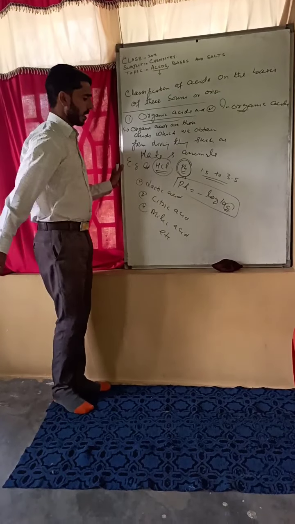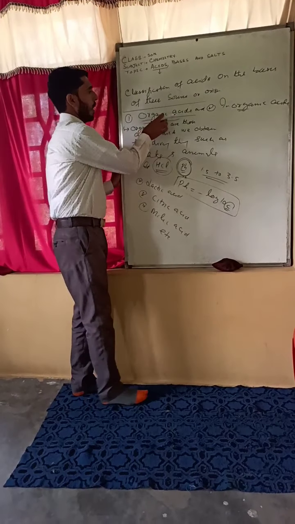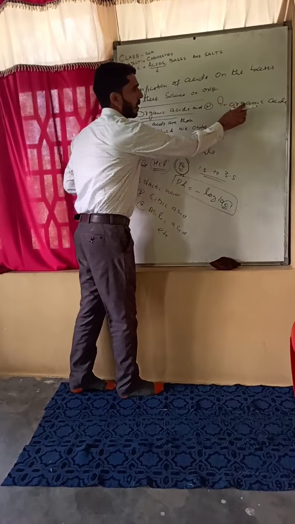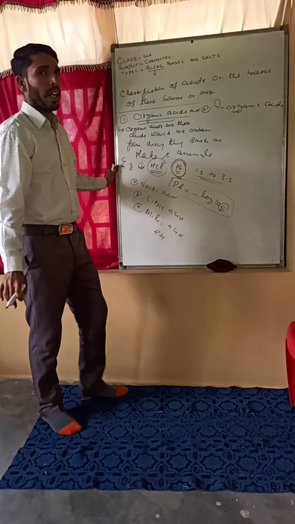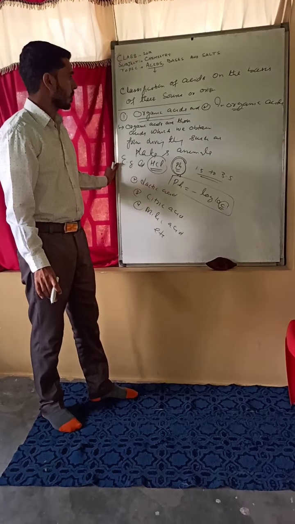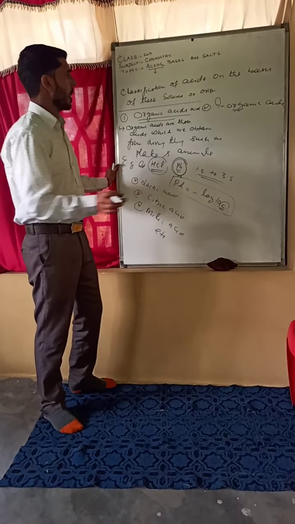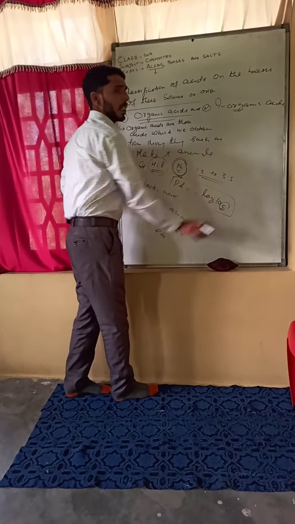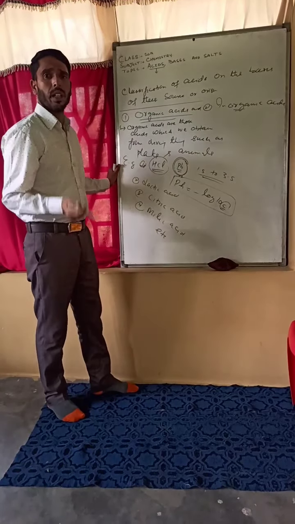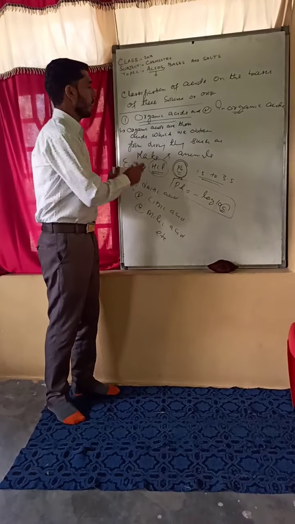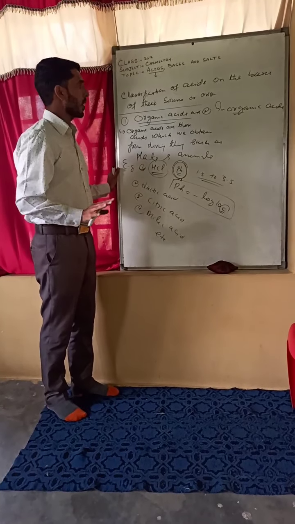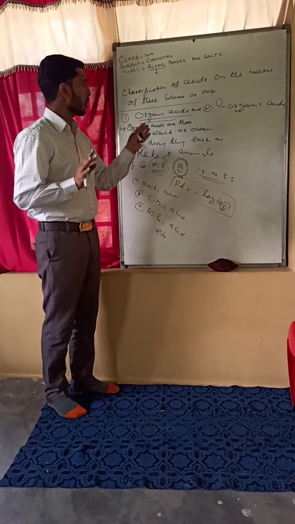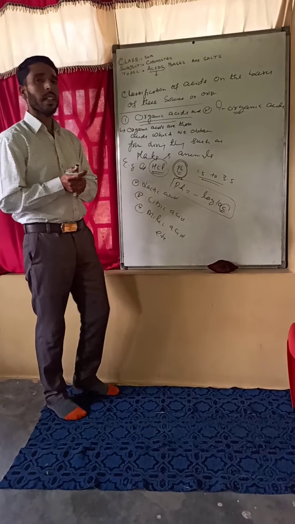And one more thing, whether organic acids or inorganic acids, both are dangerous for living beings. So whenever we deal with acids, we should deal with them with keen attention and be very careful.